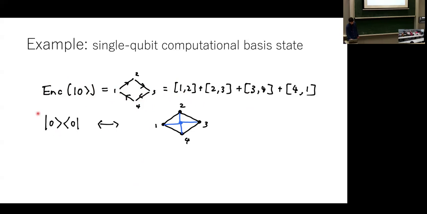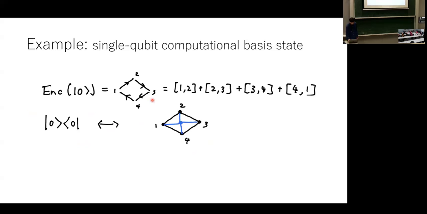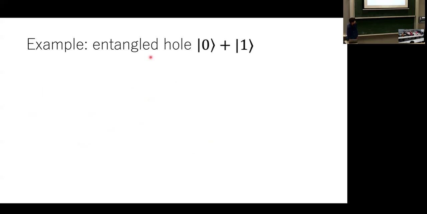If you want to handle the corresponding projector, you can just add a vertex at the center and connect it to make triangles, such that this hole is no longer a hole. This is a simple example, but we want to do more complicated things.